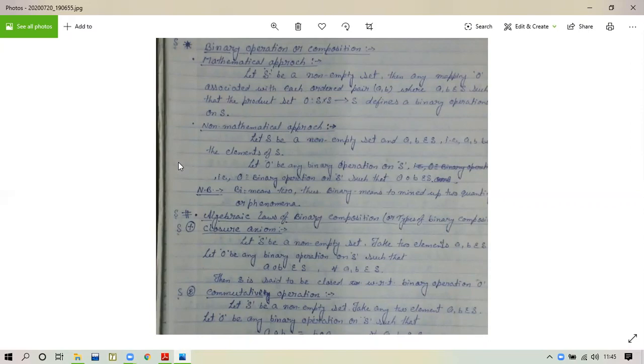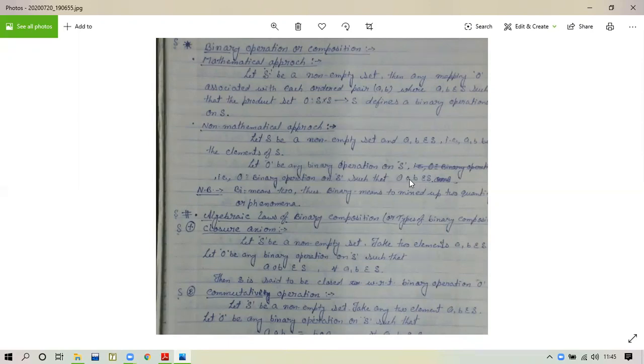Next one is the non-mathematical approach. In this approach, let S be a non-empty set and A, B belong to S. That is, A and B are elements of S. Let us define a binary operation O on S such that A O B belongs to S, where O is a binary operation.